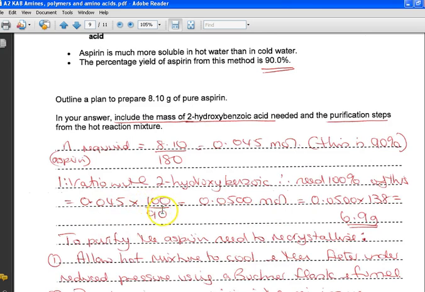If you put 100 over 90, because we actually want 100%, we recognise that we need 0.05 moles of the 2-hydroxybenzoic acid. Convert that to grams by multiplying by the molar mass, and that's 6.9 grams. So we know how much hydroxybenzoic acid we need to start with.